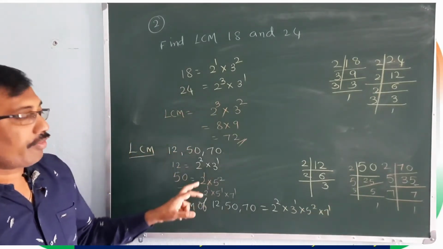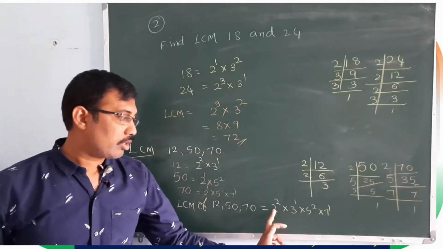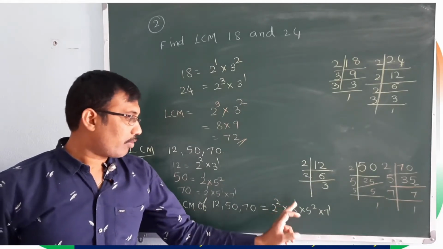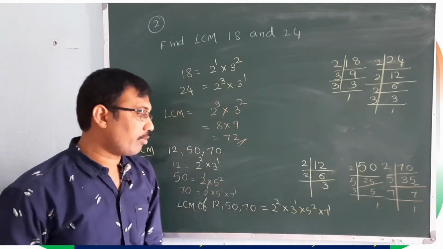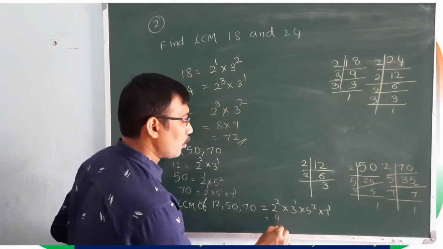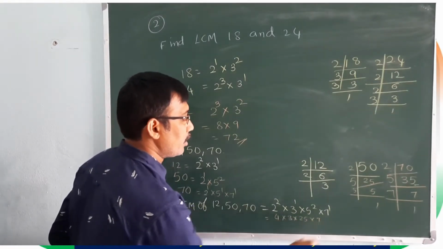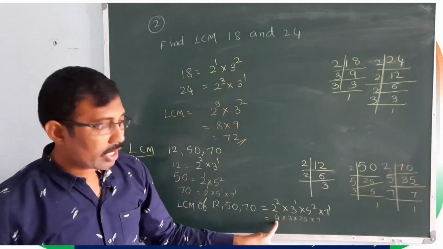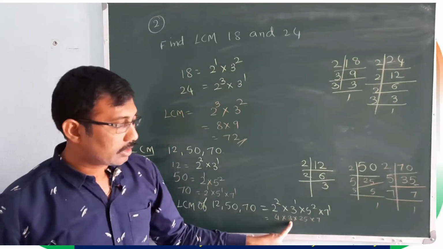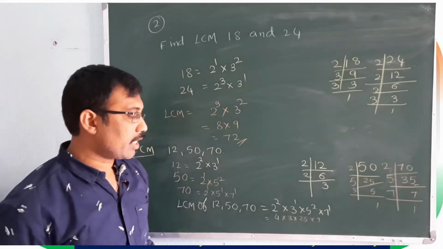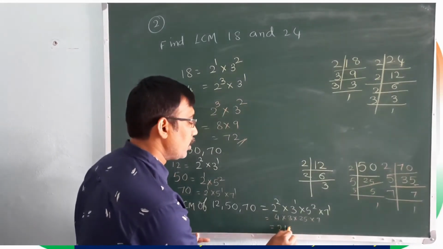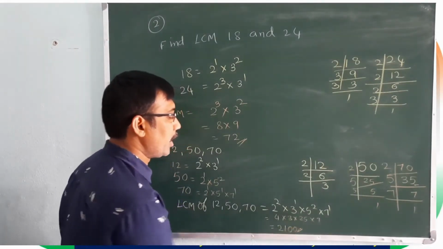Each and every factor's highest power. So 2 power of 2, 3 power of 1, 5 power of 2 and 7 power of 1. So 2 power of 2 equal to 4, 3, 25 and 7. You know that 25 4s are 100, 100 3s are 300, 300 7s are 2100. This is the LCM of the given three numbers.